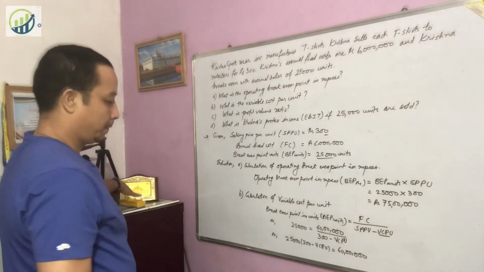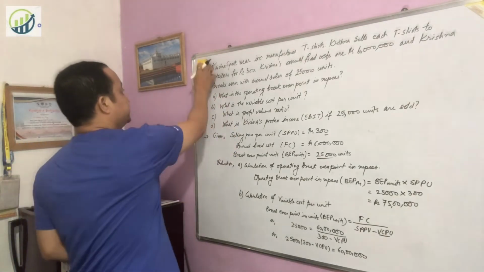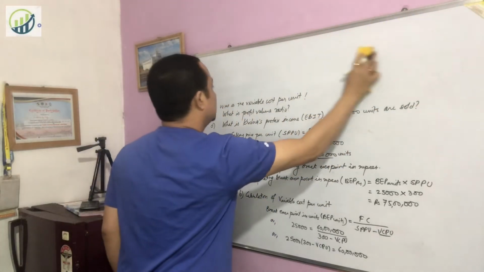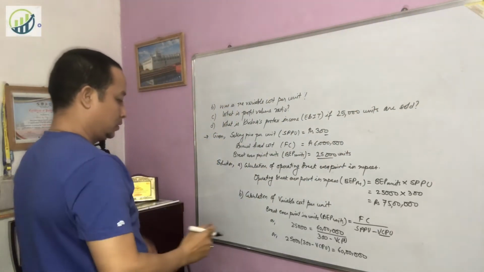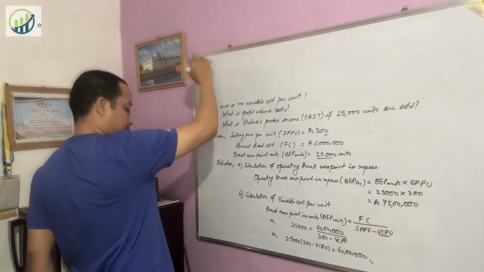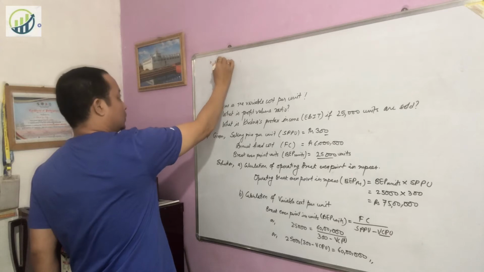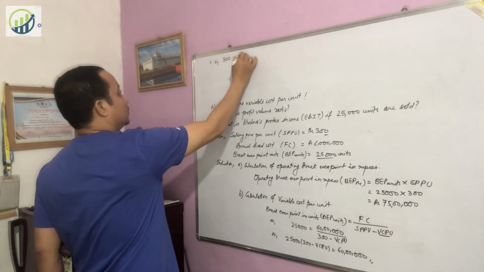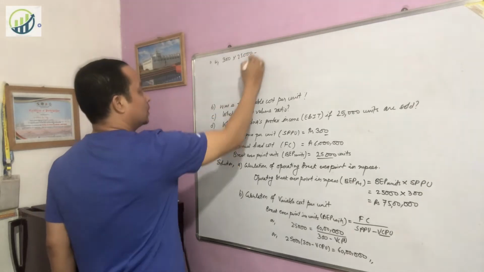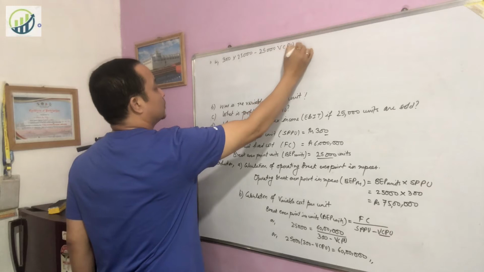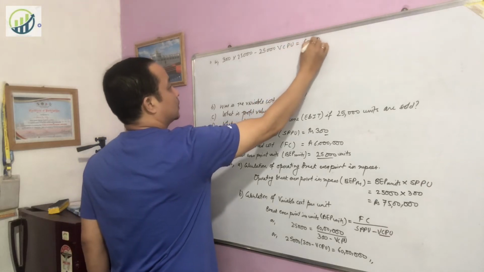So 300 into 25,000 minus 25,000 variable cost per unit equal to 60 lakh.